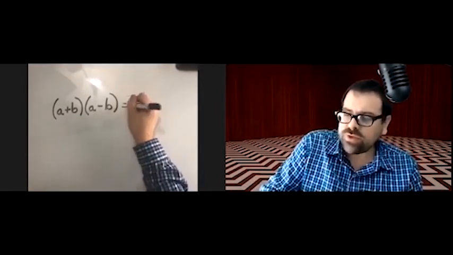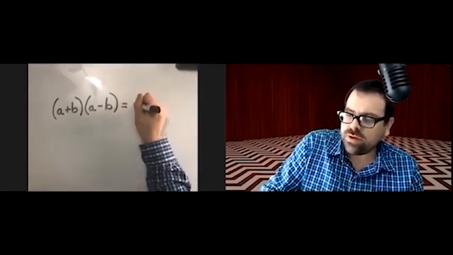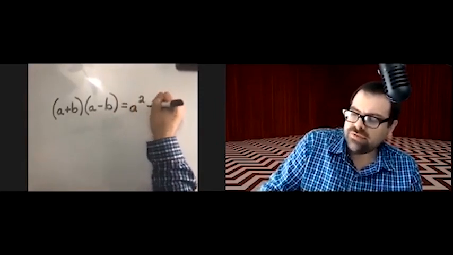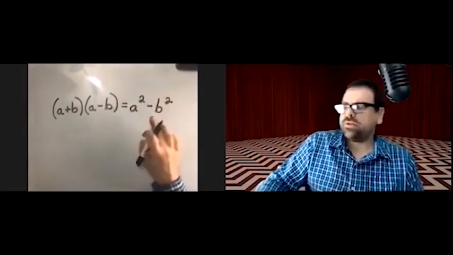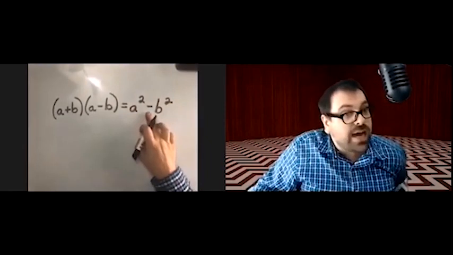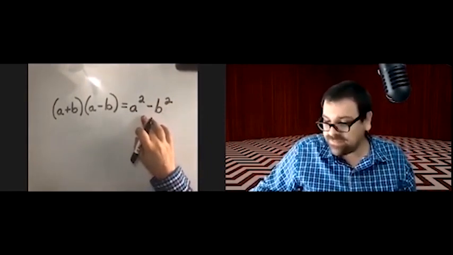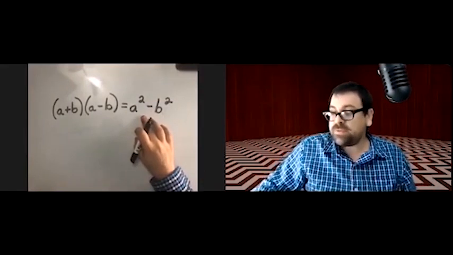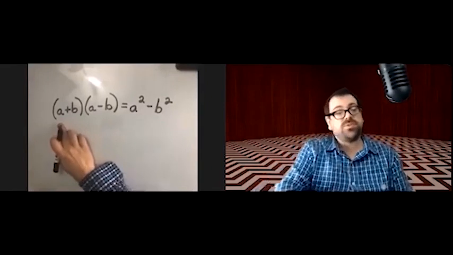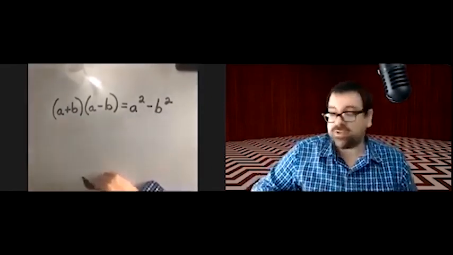This is going to result in something called a difference of squares. Difference because we're subtracting, of squares because we're subtracting two squares. Specifically, the first term squared minus the second term squared.